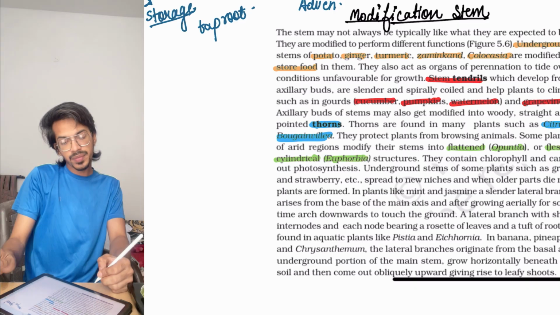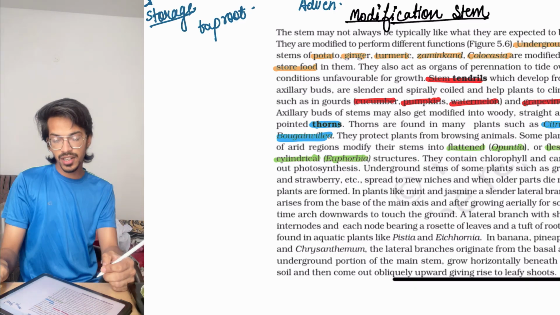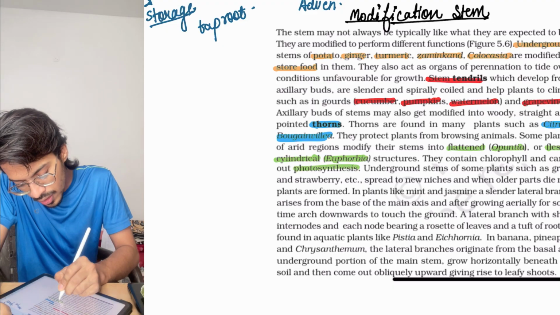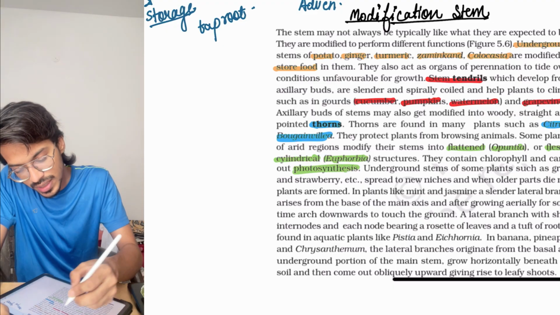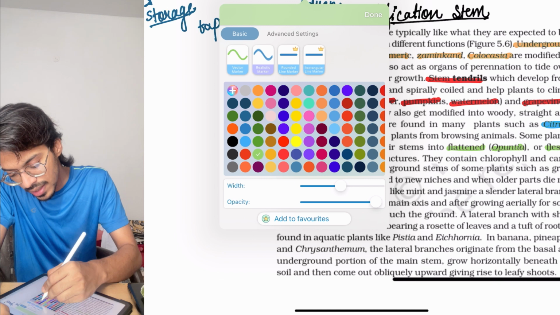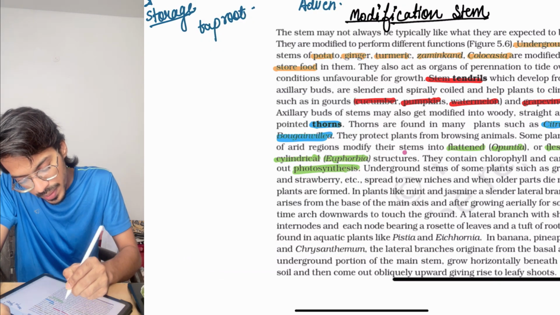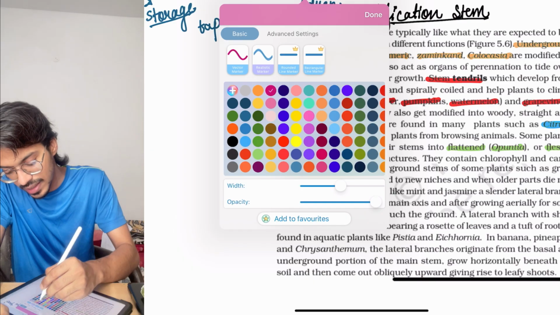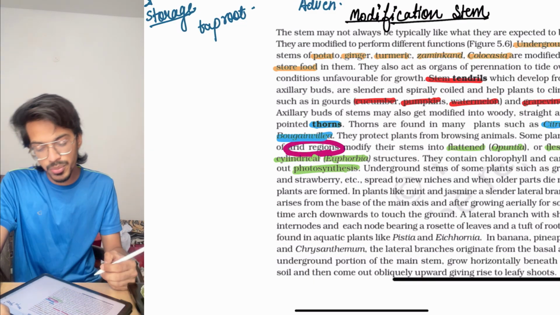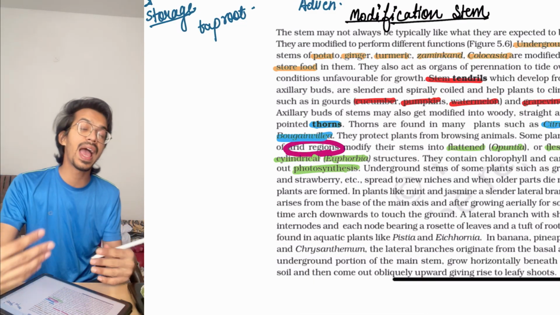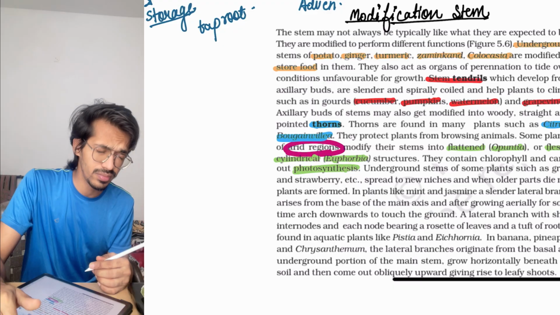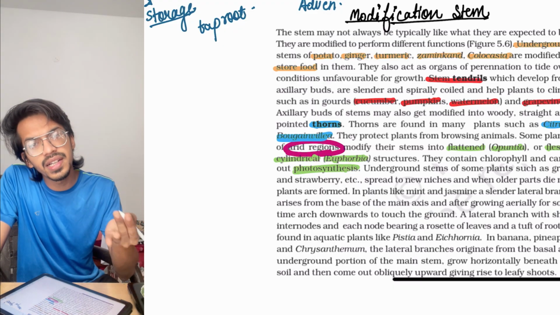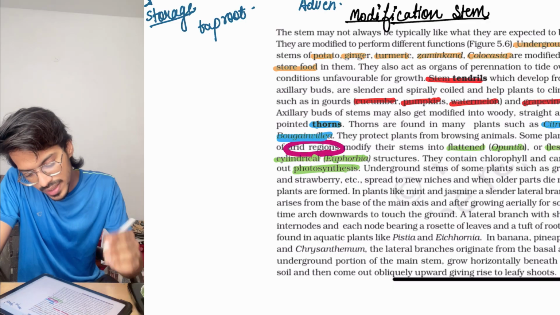In the arid areas they do this to increase photosynthesis, because these plants are present in arid areas. Arid area means desert area, so they have no other option except to enhance their chances of doing photosynthesis.